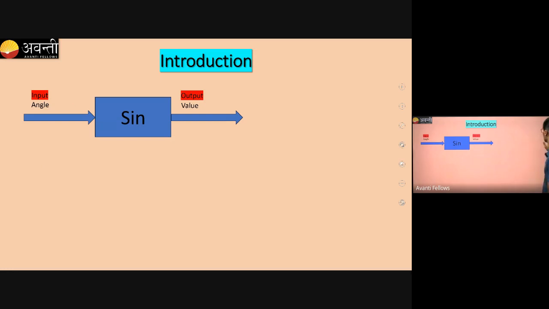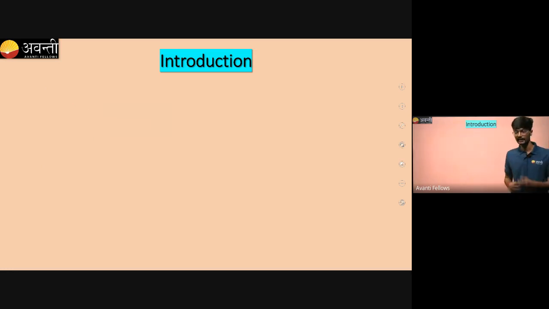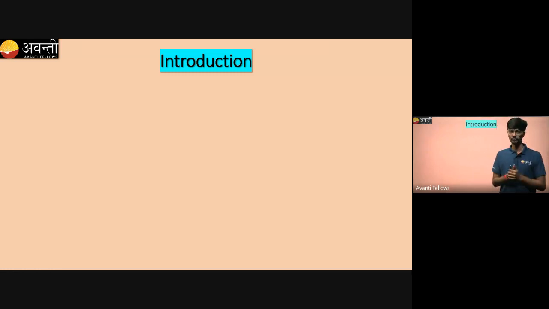Before starting, I would like to know how you define functions, or how you see functions. For me, I see a function as a very, very simple machine in which we give some input and we receive an output. So a function can be defined simply as a machine where we give input and the machine gives us output.